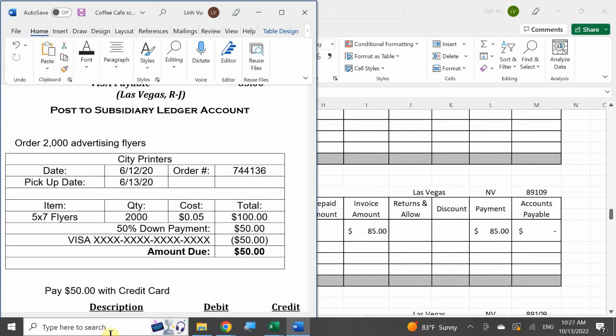They were 5 cents per copy. So that was a total of $100, and they require a 50% down payment, so $50. That's what we paid, the $50. So that means we owe an additional $50. And we're going to pay with our credit card $50.